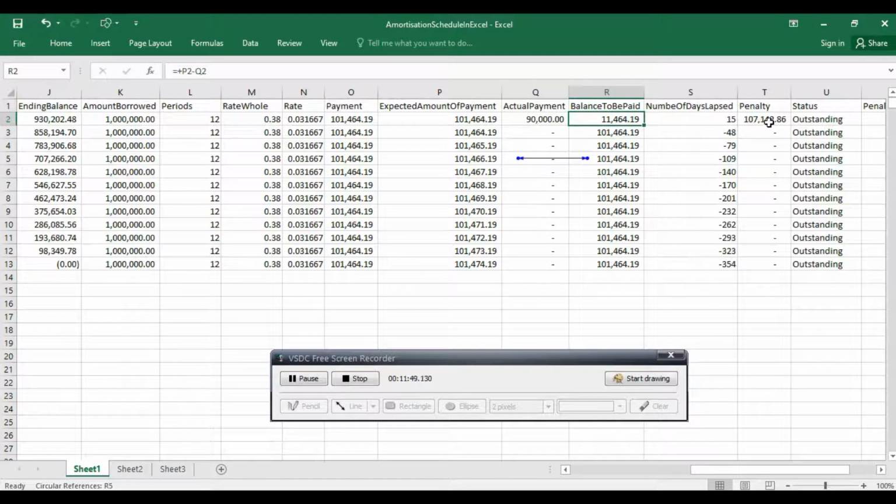So the penalty will be 107,000. It depends on the institution what the penalty charge rate should be. In this case, we deliberately put it at 5%. That's why it's arriving at 107,142.